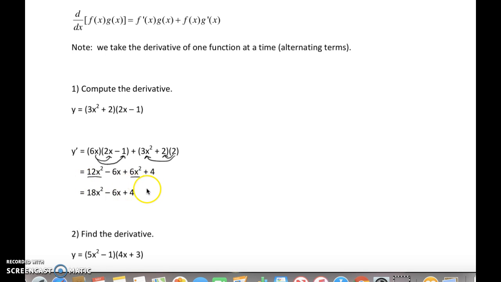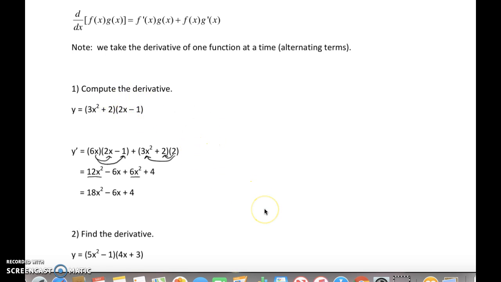And we multiply that according to the product rule by g of x, which is 2x minus 1. And we're going to add that to f of x, which is just 3x squared plus 2, times the derivative of g of x, where g of x is 2x minus 1. We're going to multiply that by 2.